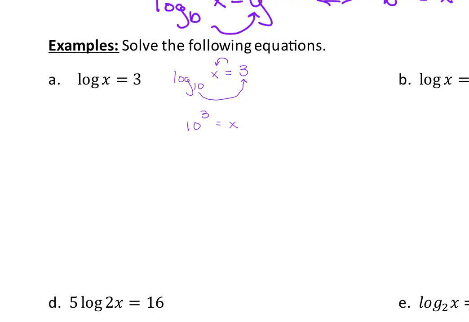And we can simplify this. 10 cubed is equal to 1,000, and you're done. When we do our check, if we plug this into our logarithm here, is it a positive number? It is, and we're done.